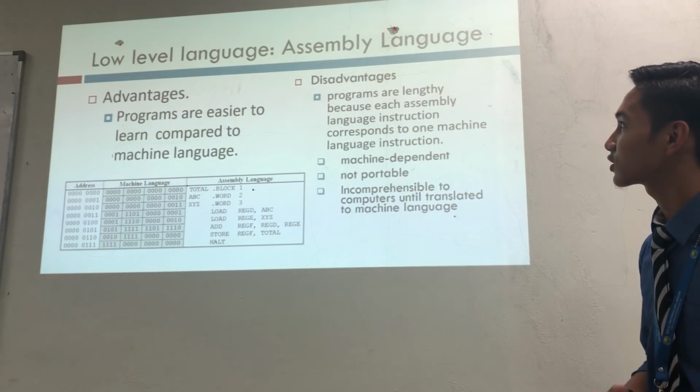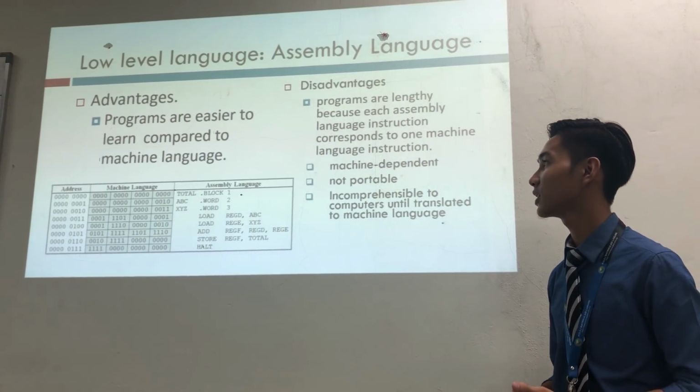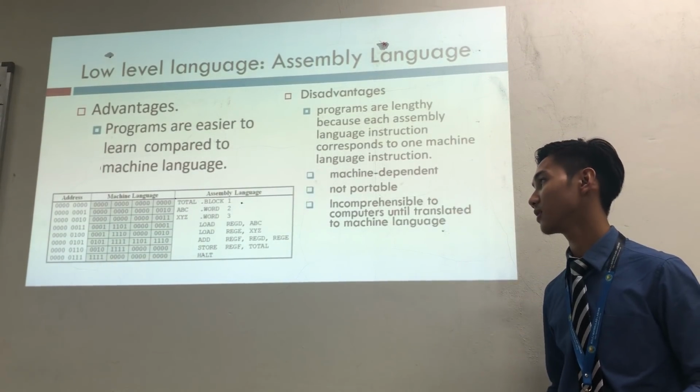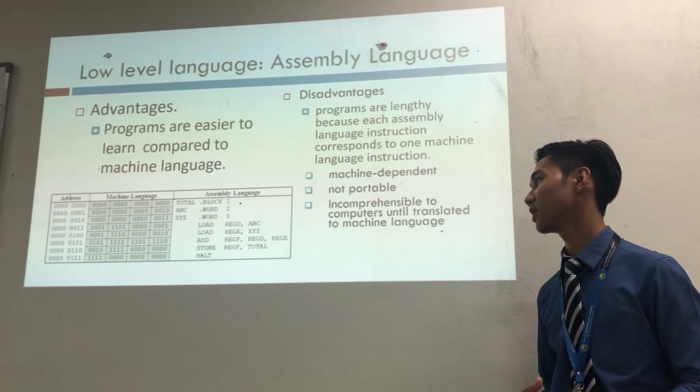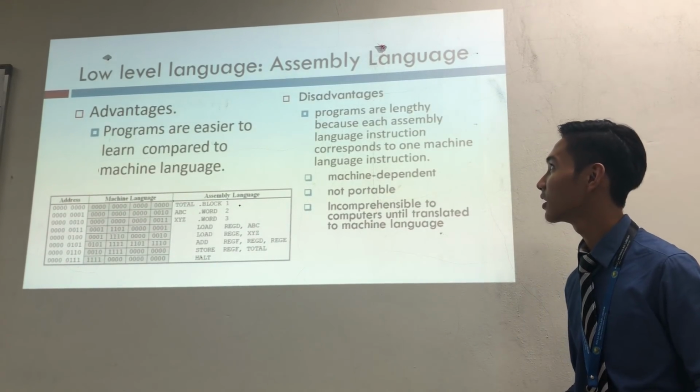The advantage of assembly language is that programs are easier to learn compared to machine language. The reason is that there are some words that have been updated by the programmer for the assembly language.